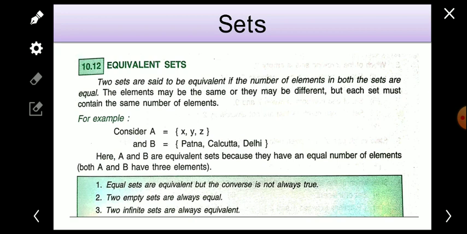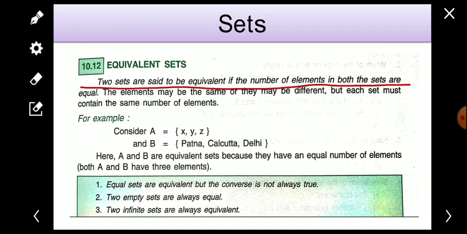Now the next type is equivalent sets. What are equivalent sets? Two sets are said to be equivalent if the number of elements in both the sets is equal. Which elements are there doesn't matter.